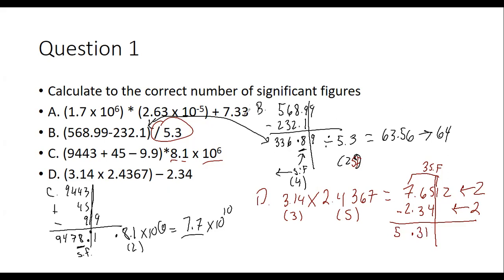So again, when doing multiple steps, make sure you know which rule goes to which application. Make sure you are always aware of which answers have what number of sig figs. And also don't round until the very end or you will get the wrong calculation.